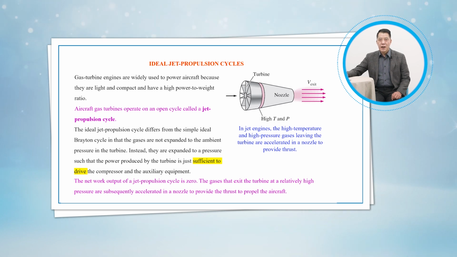Also, aircraft gas turbines operate at higher pressure ratios, and the fluid passes through a diffuser first, where it is decelerated and its pressure is increased before it enters the compressor.